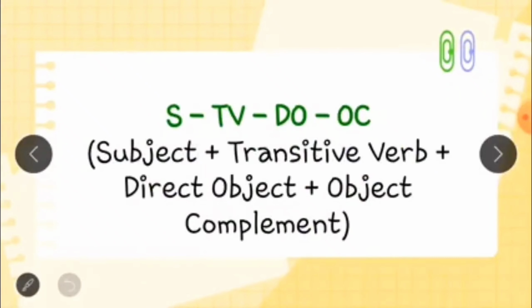Another pattern is STVDOOC, or subject plus transitive verb plus direct object plus object complement. You should know by now what is a subject as well as transitive verb and a direct object. Let's define what is object complement. Object complement describes, names, or gives information about the object.